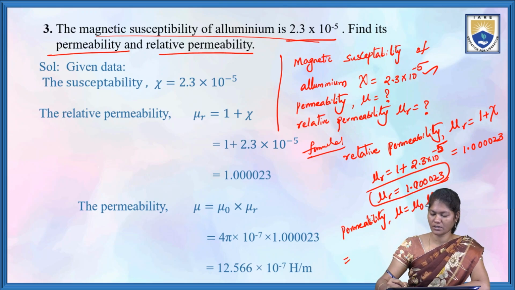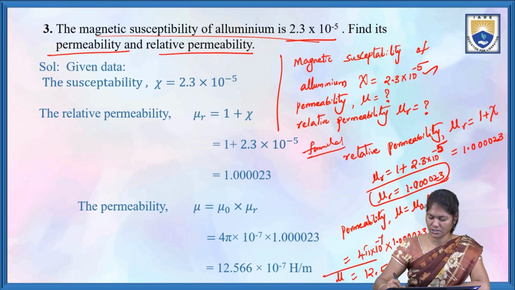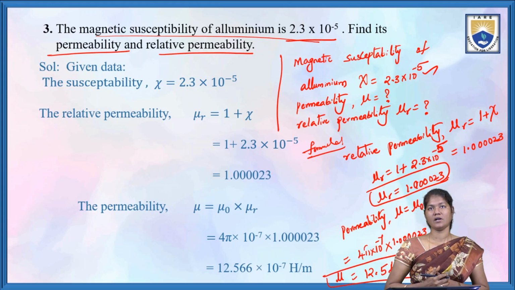So mu naught is 4 pi into 10 power minus 7 Henry per meter into mu r. Now we calculate: 1.000023, so it is equal to 12.566 into 10 power minus 7 Henry per meter. This is the permeability of the aluminium.